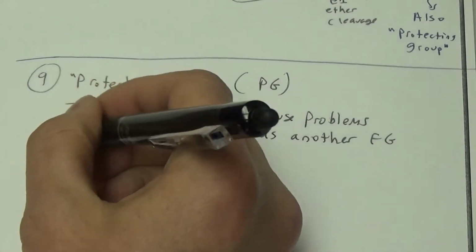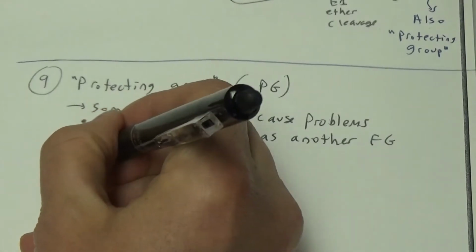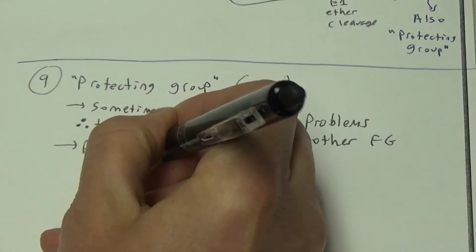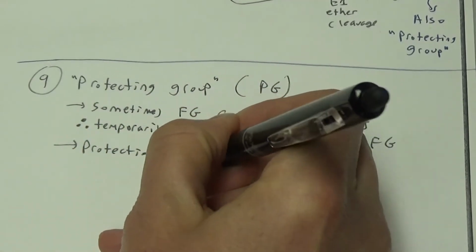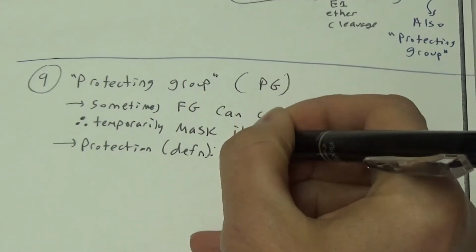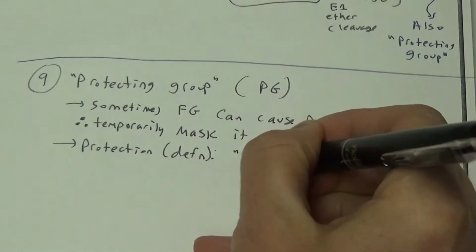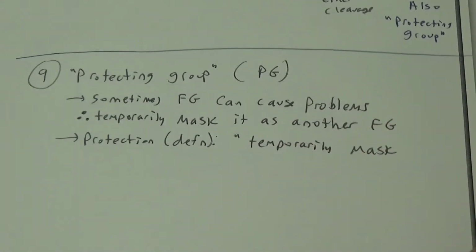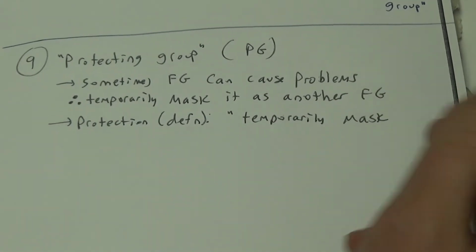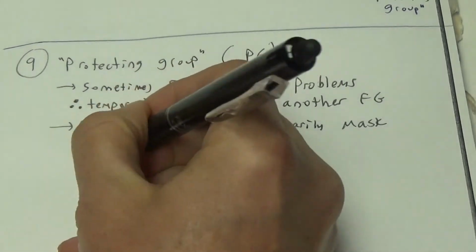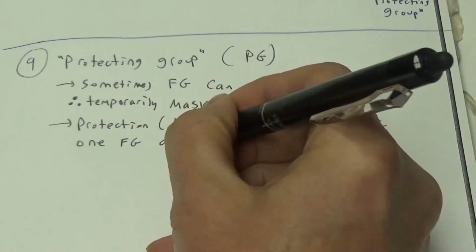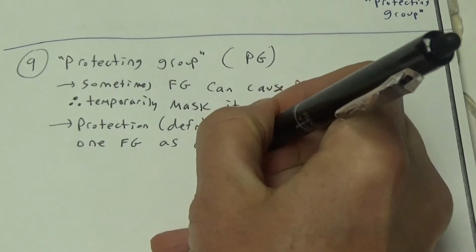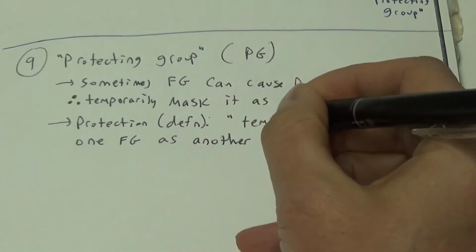So I'll define it. Protection. Definition. Temporarily mask one functional group as another to limit its reactivity.